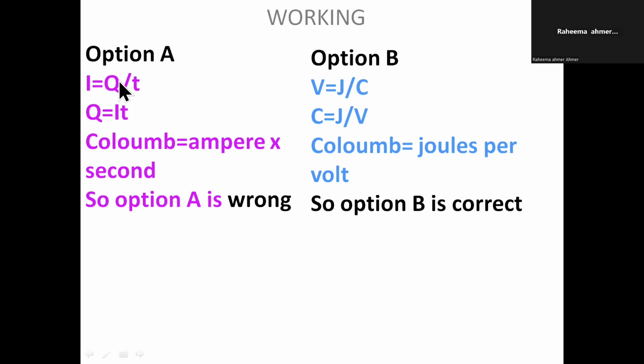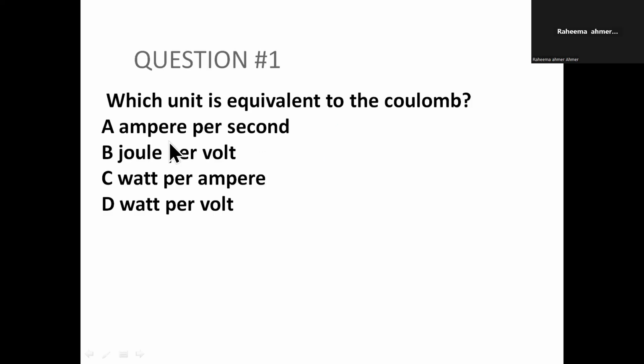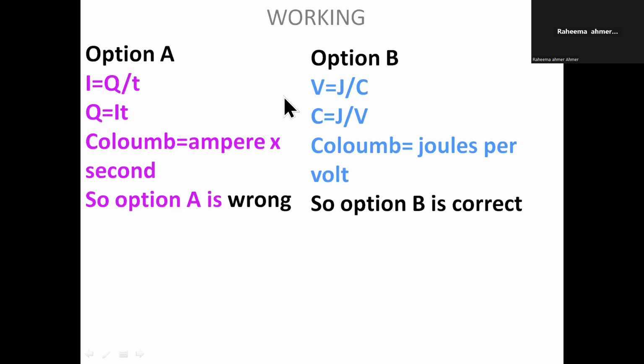So the equation becomes Q equals I T, which means coulomb equals ampere into second. In option A, we are given ampere per second, which means current divided by time, and that's wrong. That's not the correct equation in terms of coulomb. So option A is wrong.